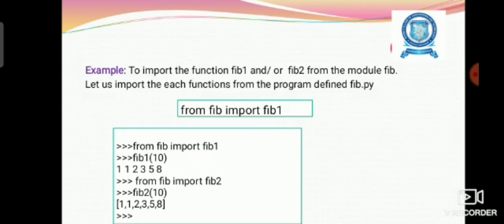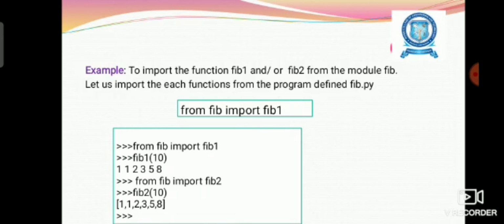FIB is one Python module. FIB.py is one Python module which consists of two methods, FIB1 and FIB2. Simply these methods will calculate the Fibonacci series.